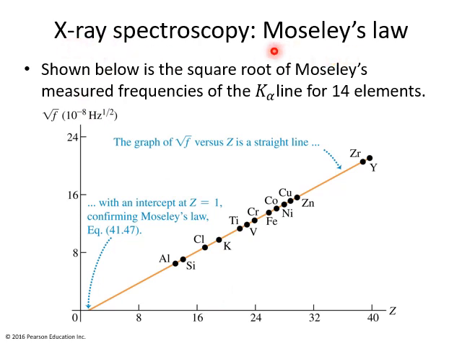It was observed in the early 1900s by Moseley that the wavelength of those emission lines obeyed a relatively simple relationship. That is, that 1 over the wavelength, or the energy of the X-ray that is being emitted, correlated as the square of the atomic number.